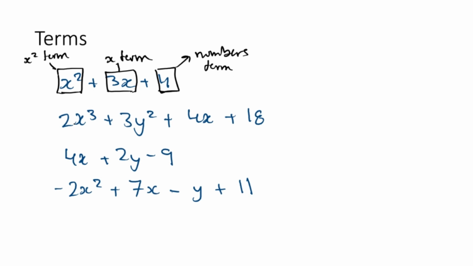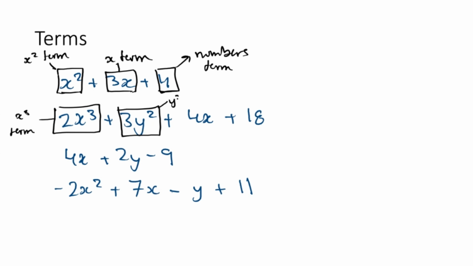Now for the second equation, guess how many terms there are? Yeah, there are 4 terms. So you have the x cubed term, and then the 3y squared term. Since there's a different letter, it's a completely different term.